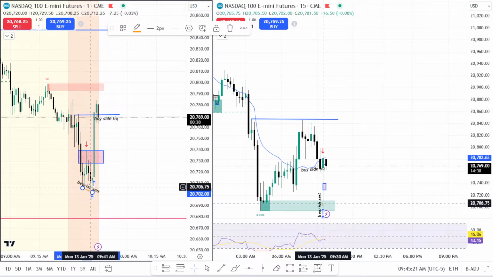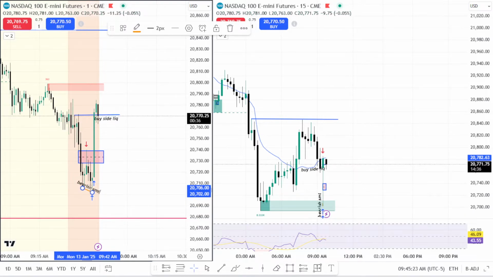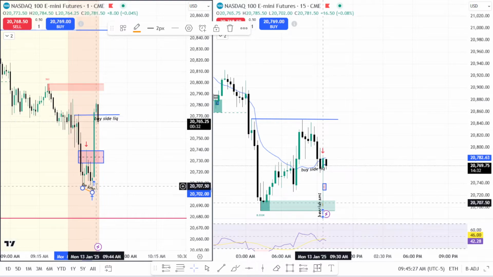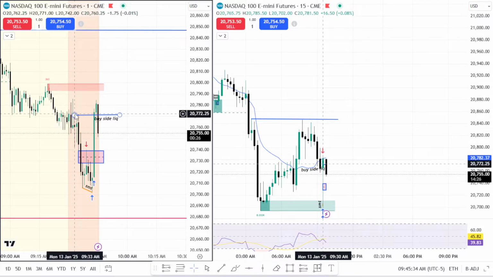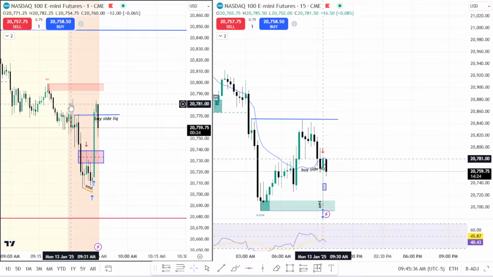It's not there, so let's get rid of that. SMT combined with this inversion, I would possibly have looked for a trade too.